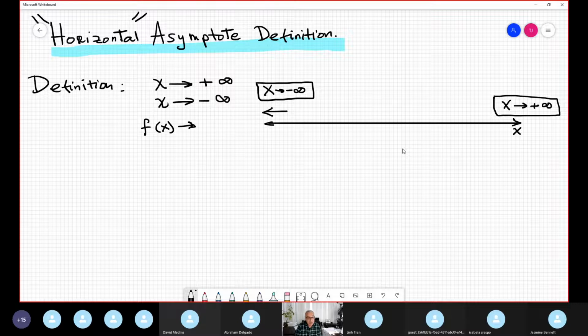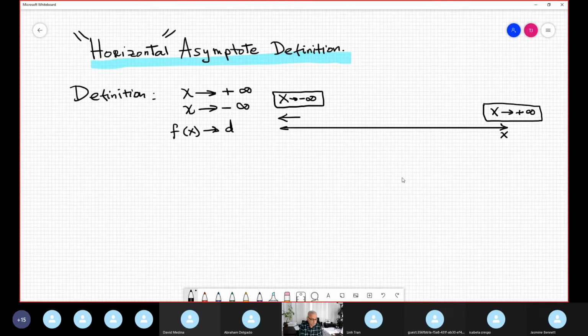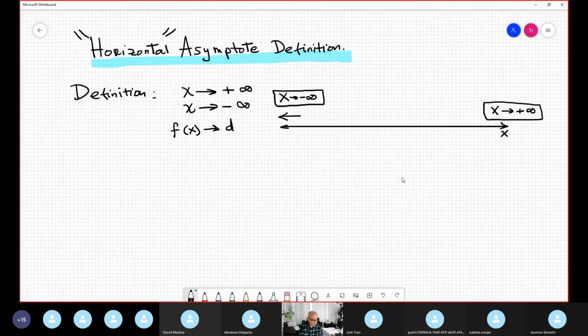In general it's a number, or zero. It's a little bit different from the polynomial.